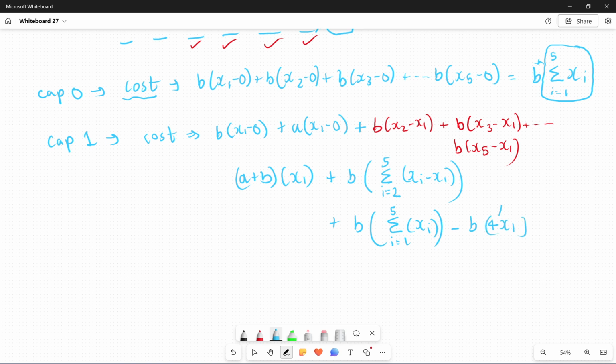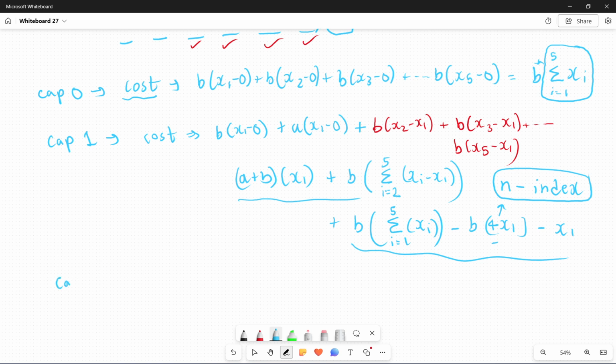How did this 4 come into play? It is n minus the index on which the capital is. So this is the 4's doing. Is it fine, or do we have to subtract something? Minus 4 x1, and also we have to subtract x1 itself. Yes, so this will be my cost.